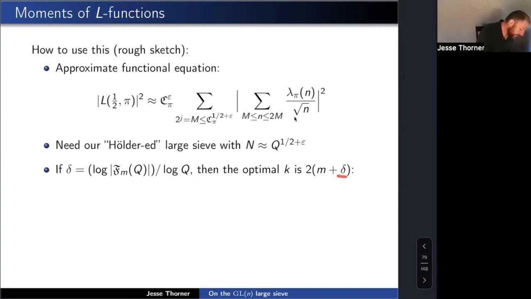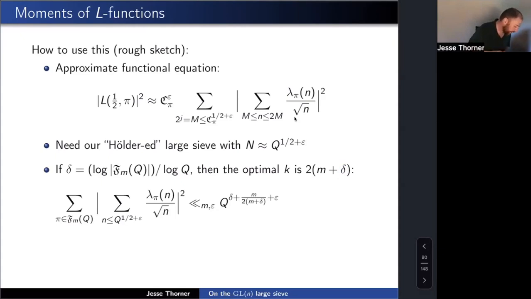And really, I only want a lower bound for delta. And in light of the lower bound on the size of the universal family by Brumley and Milosevich, I can take, I can think of delta here as being m plus 1.